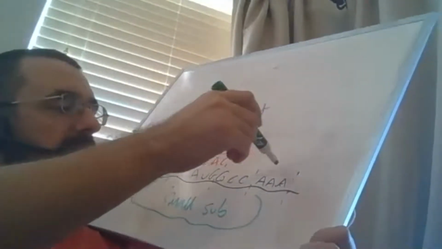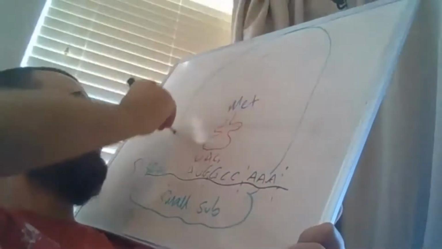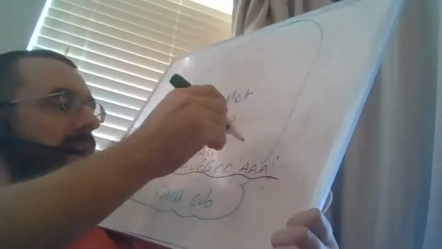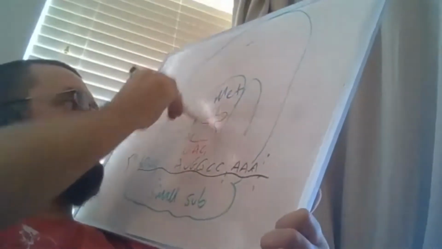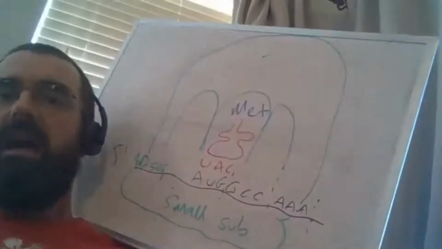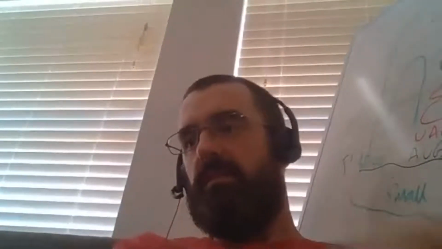And now, once GTP hydrolysis occurs, we can bring in the large subunit, which is big, like so. Now we have our tRNA methionine exactly in the P site.